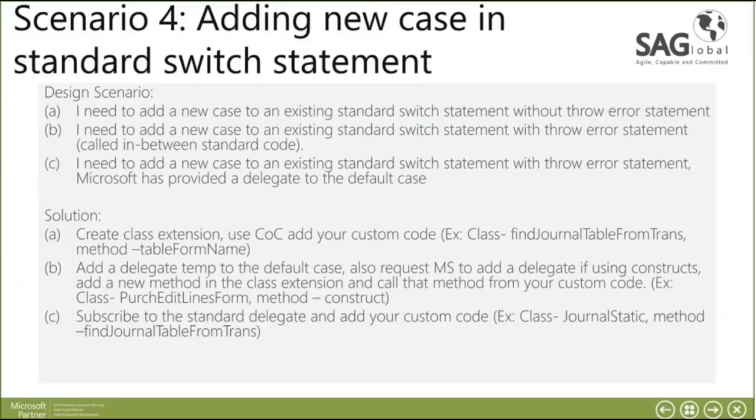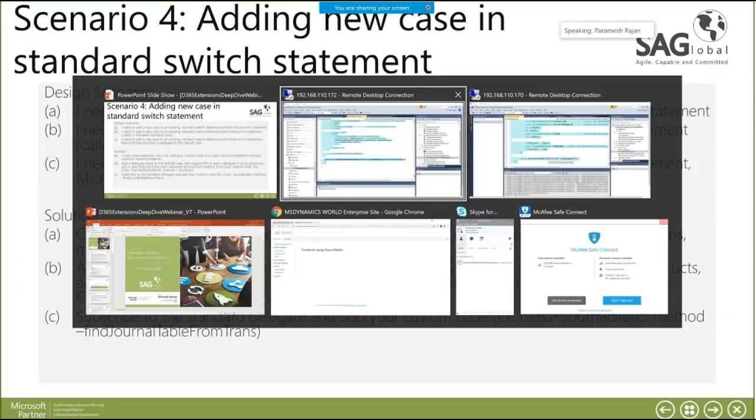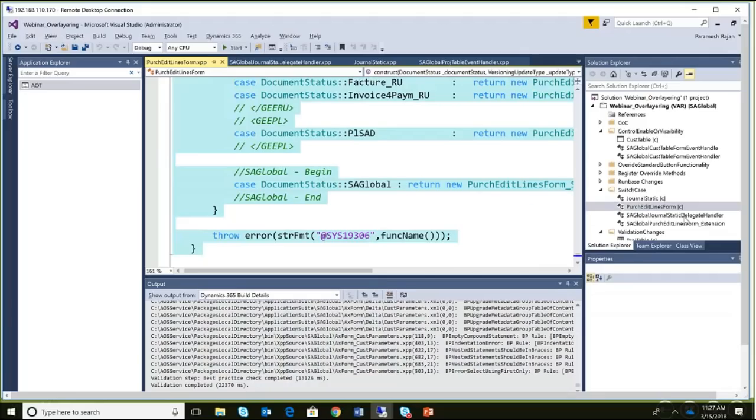Now, the third scenario is when you have an additional case to a switch statement that has a throw statement and an inline delegate is provided by Microsoft. When you have a delegate from Microsoft, you can just simply subscribe to it. So going back to the journal table here.